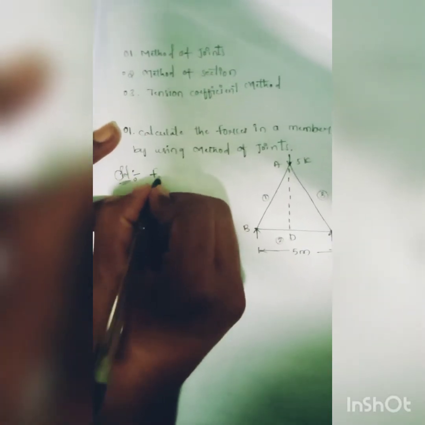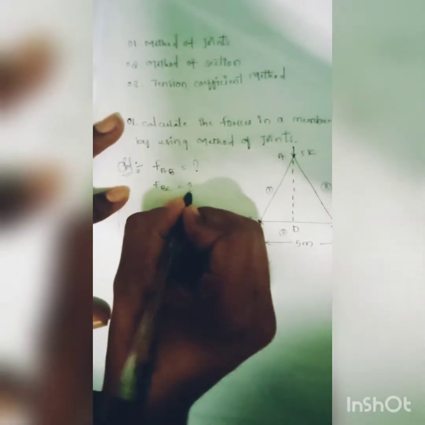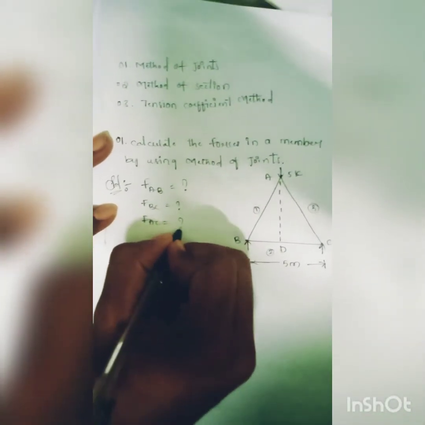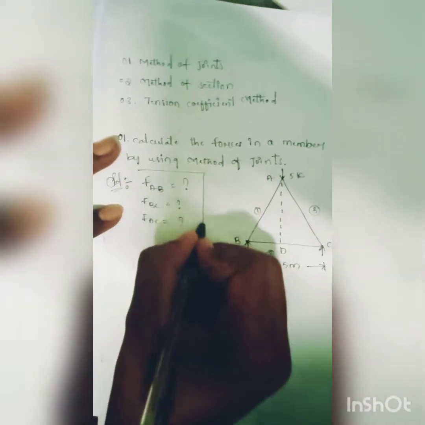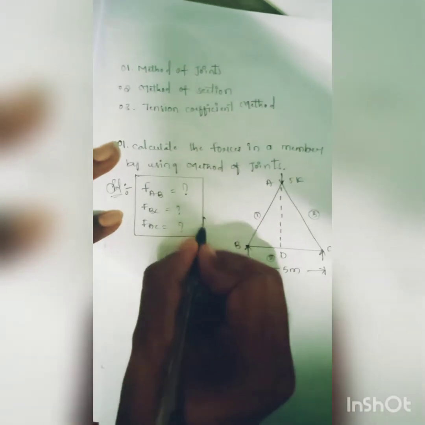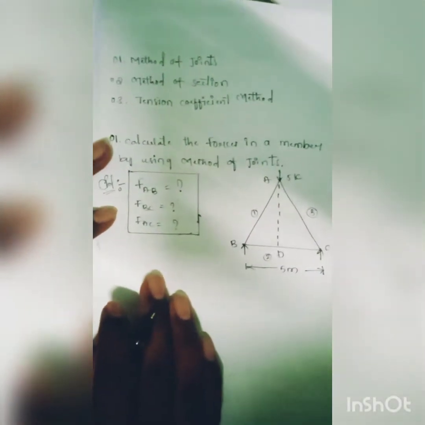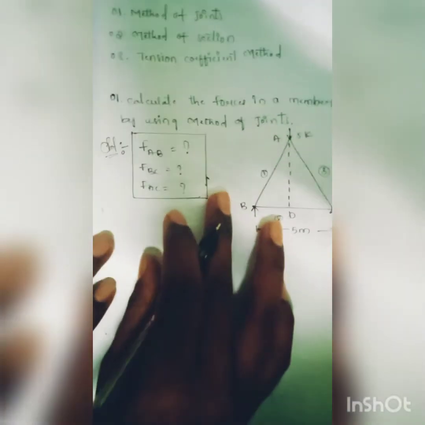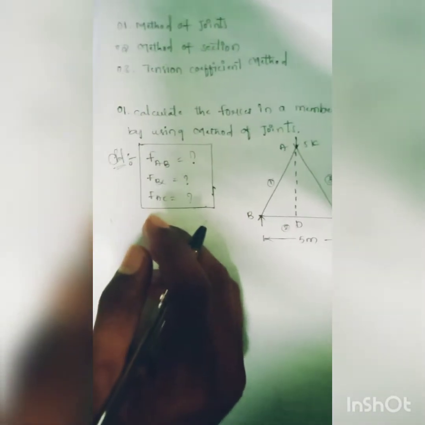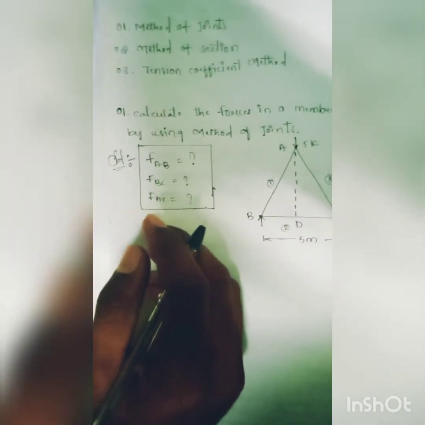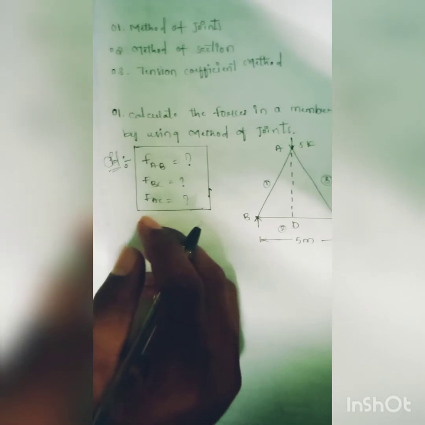Force AB is equal to how much? Force in member BC is equal to how much? Force in AC how much? These are the things we are going to calculate in this question. Already you people are familiar with how to find the reactions for the given member.